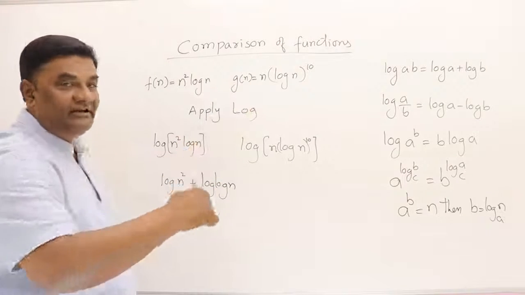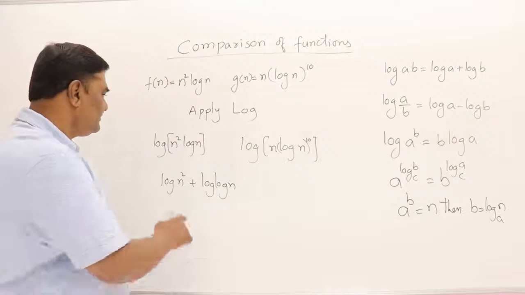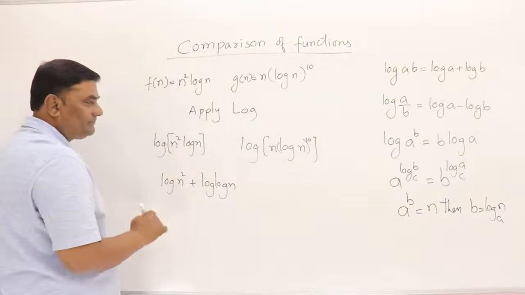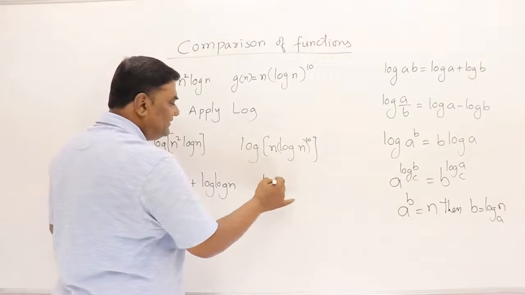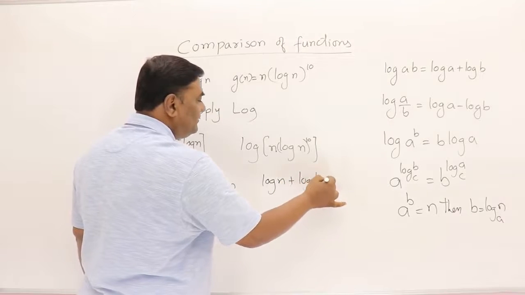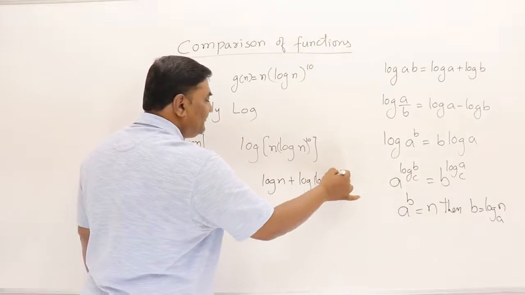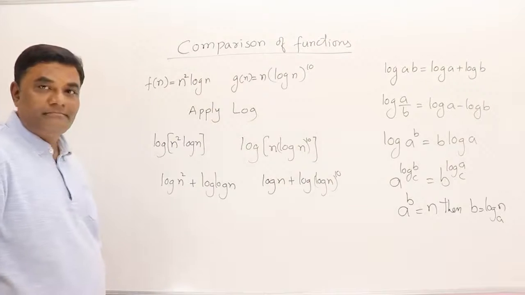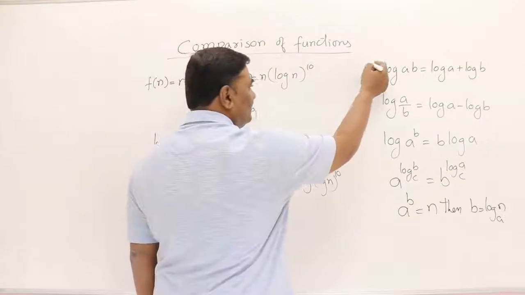As we know, log (a into b) is log a plus log b. So log a plus log b. Now this side it will be log n plus log of log n whole to the power of 10. We have used the first formula.